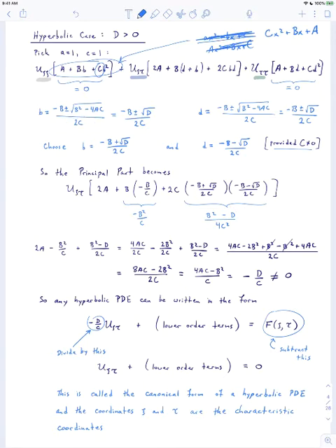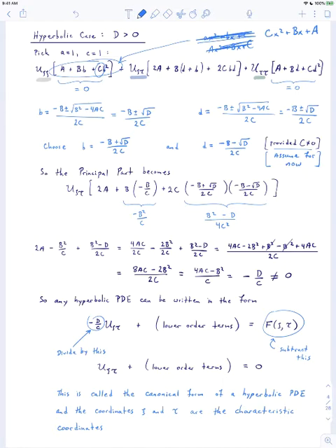But importantly, since we've got a c in the denominator, we'd better assume that capital C is not equal to 0. So for the time being, assume this for now. Once we figure out what to do in this case, we'll ask what happens if capital C is actually equal to 0.